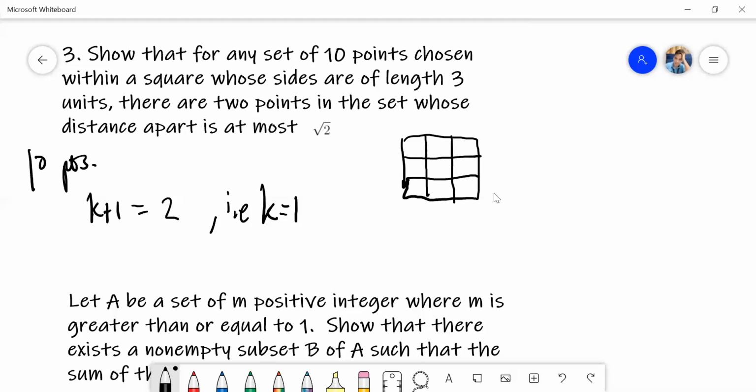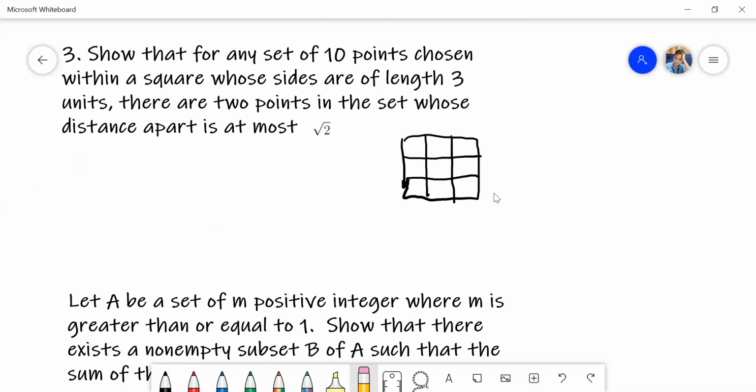Now, from that, we will have to consider this drawing for us to arrive at the following answer. So let me erase this first. So we will be basing on that drawing here.